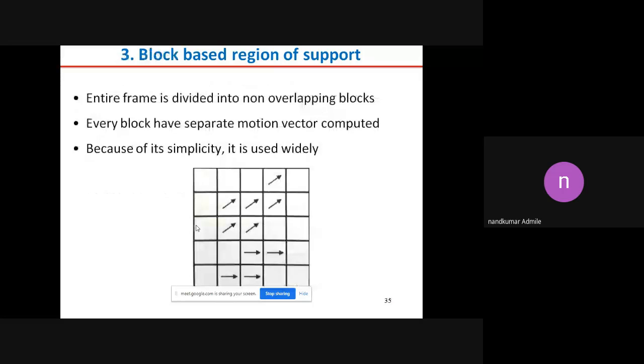Okay, the third technique is that we can divide the frame into a small number of blocks, which is referred to as a block based region, and where the motion is present, in that block only we can represent the direction of a pixel.